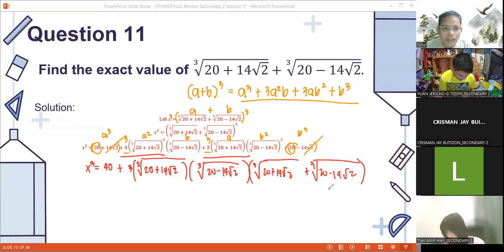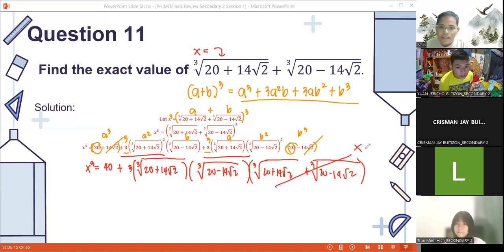So this one will remain. What will happen is that this one is equal to this value, right? So we can have it as x. Still got it? It's a bit complicated. Take note. Ask me if you have any questions. So we just factored it out, right?